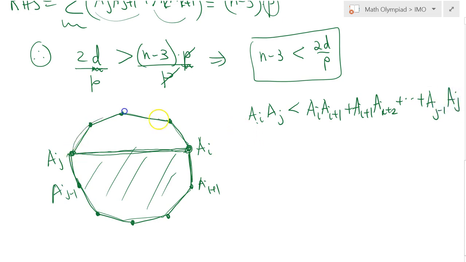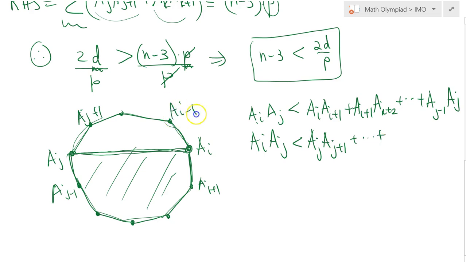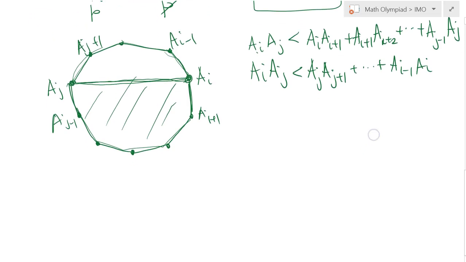But it is also possible to express the same thing the other way around: a sub j a sub j plus 1, and so on, up to a sub i minus 1 a sub i. So you already know what's going to happen. I wanted to remind you of this quick fact, and now let's begin.